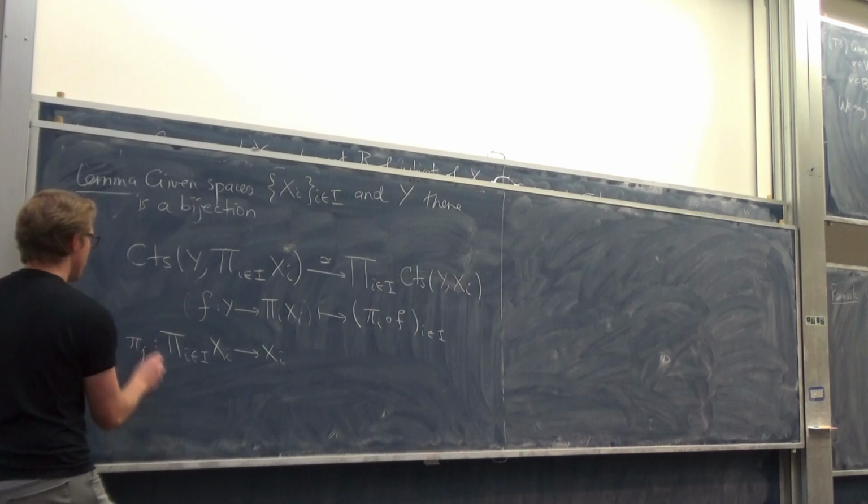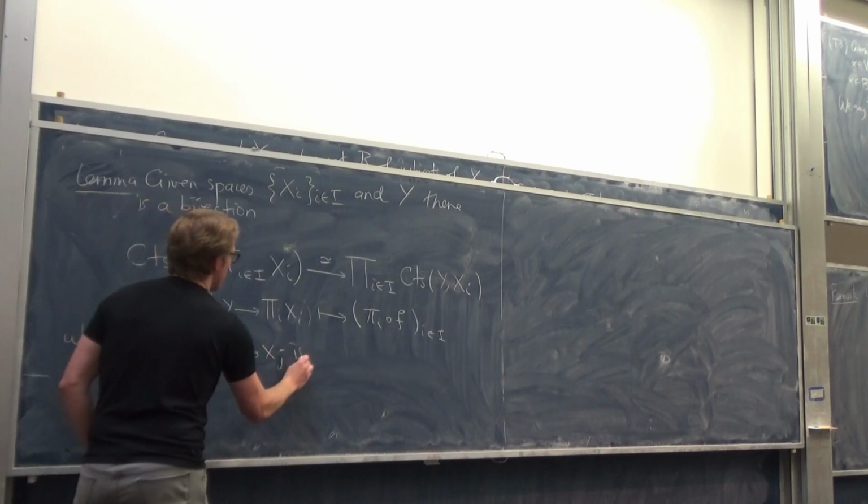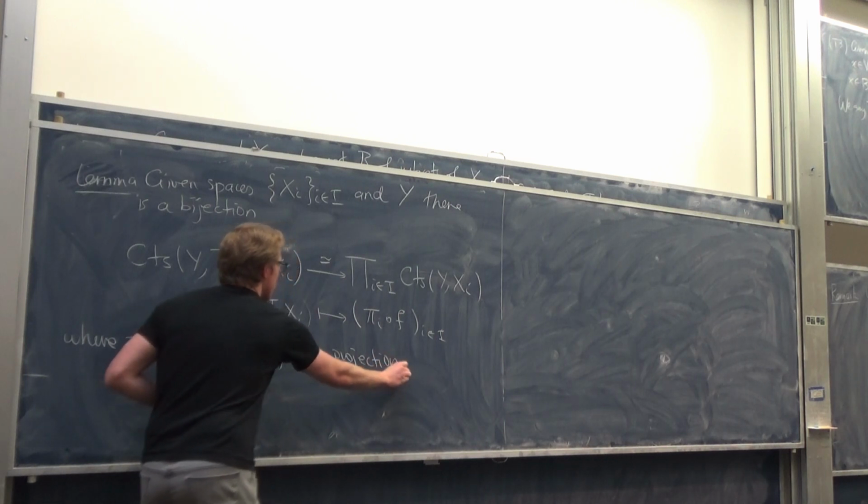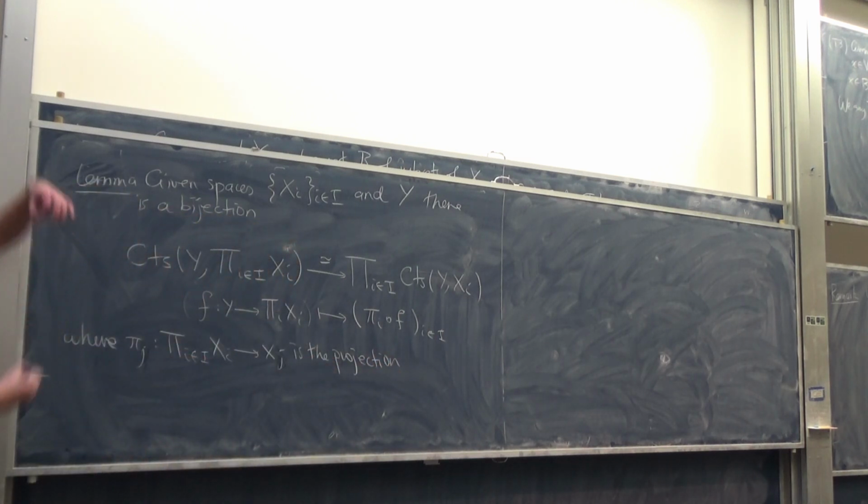I hope it's clear what I mean by projection. Take the Cartesian product, that's sequences, and just read off the jth entry of the sequence. That gives you a map from the product to any given X_j.